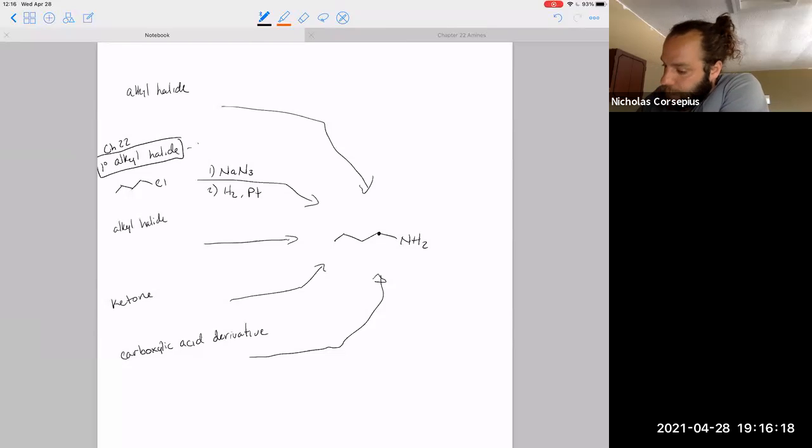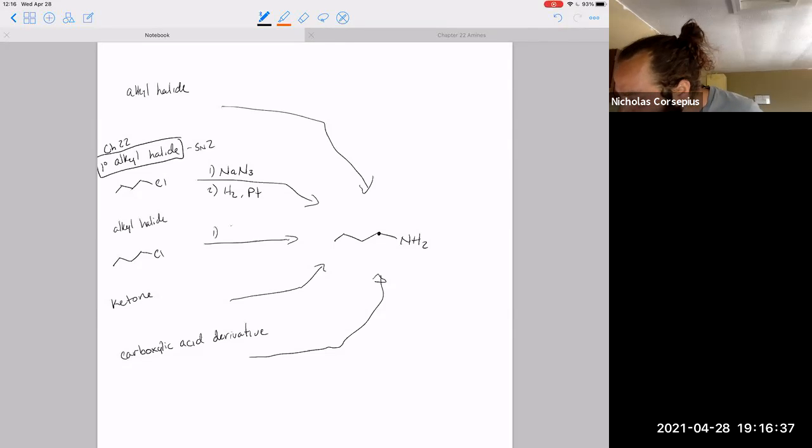And the reason is that this is an SN2 based mechanism. So if you tried it with a secondary or a tertiary, you would get elimination product. And actually the same thing goes for the second method, which is the Gabriel synthesis. So this uses that phthalimide ion. You treat it with base.